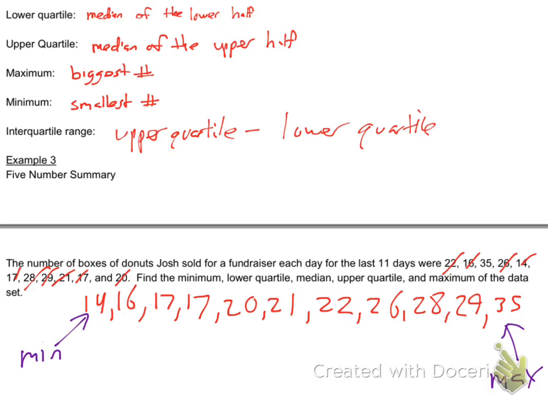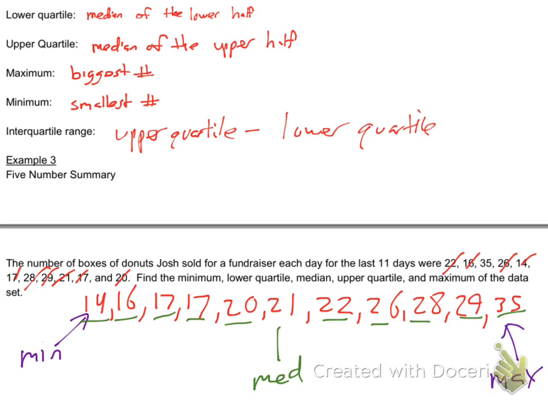And so, working your way in, I'm going to change colors so that I can show this. And I start to work my way in. I would be doing this with both hands if I was not on the screen. So the 21 is the median. Everybody get that?